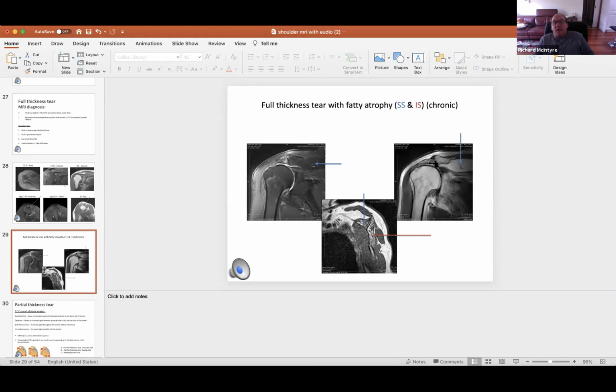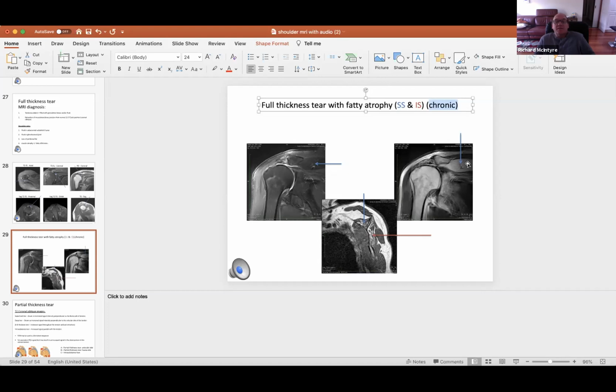They've had a fall or something, a full thickness tear. They've had their supraspinatus tendon retracted, and their muscle has been infiltrated with fat. It's not really a muscle anymore. It's just a lipoma, just a collection of fats. Of course that is chronic, not acute changes. That takes many months, if not years, to develop.